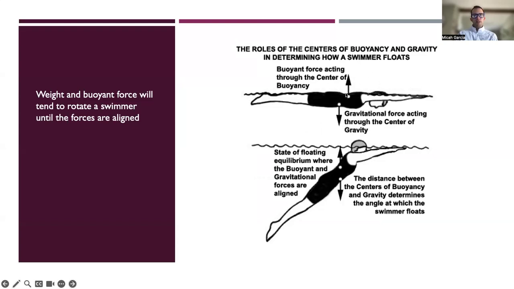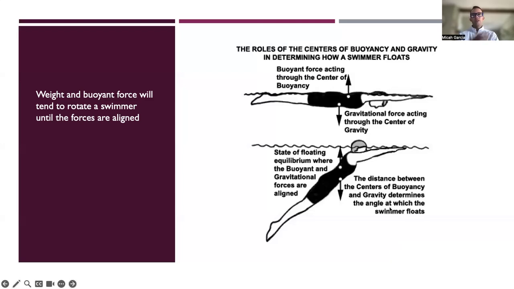The buoyant force acting through the center of buoyancy is going to cause a clockwise rotation as well. So what ends up happening is it shifts the whole body in this clockwise direction until the buoyant force and the center of gravity are lined up vertically here. And this is where they're no longer offset, and that's where our equilibrium is.